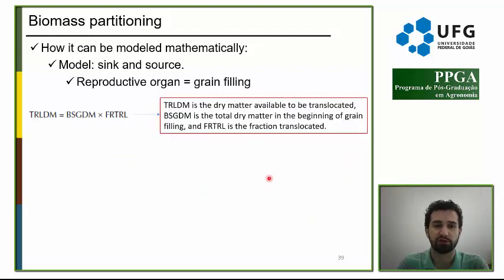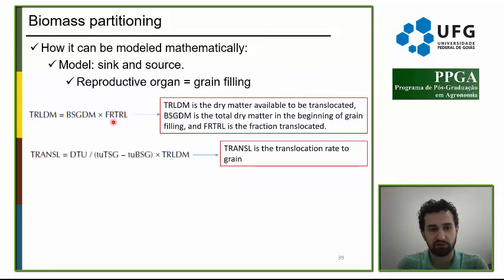After the vegetative period, in the reproductive organ, I have the grain filling, where the dry matter available to be translocated is defined by the total biomass that I have at the beginning of the grain filling times the fraction that is translocated.